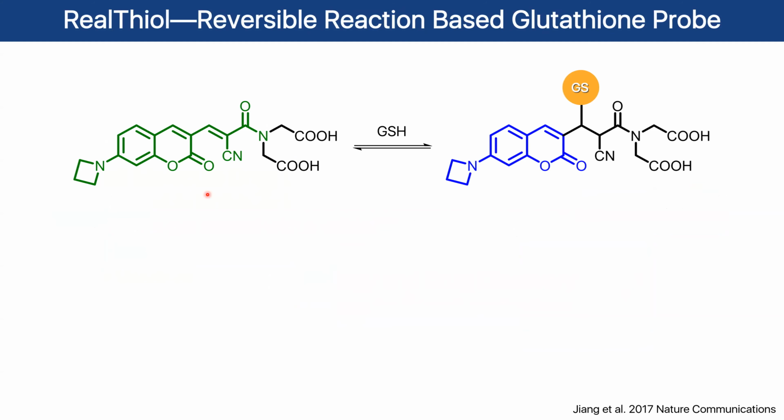What we have here is a coumarin, and then a so-called Michael acceptor. It looks familiar, kind of like the one in ibrutinib, but we have a CN group here, the cyano group, which makes this Michael acceptor less reactive. And then the so-called KD, the dissociation equilibrium constant, is in the millimolar range when they react with GSH, right?